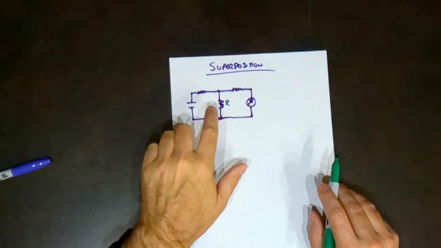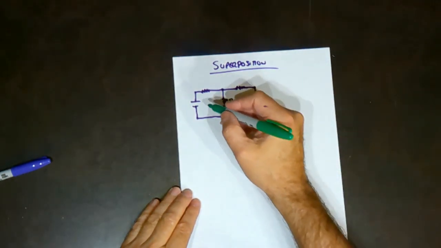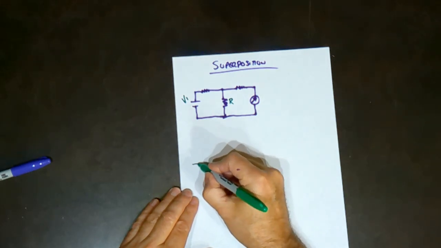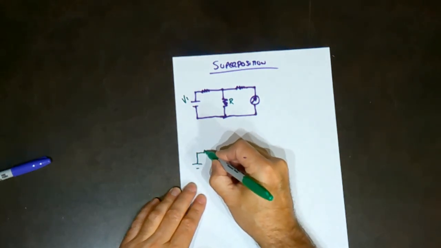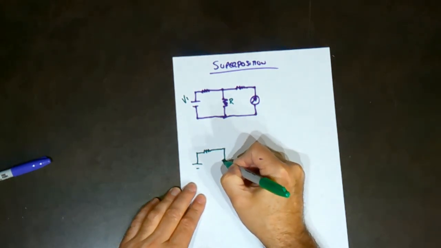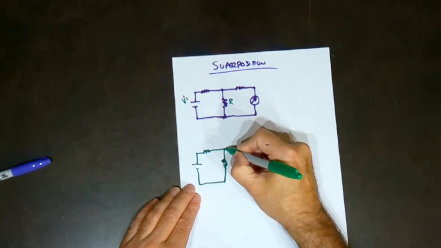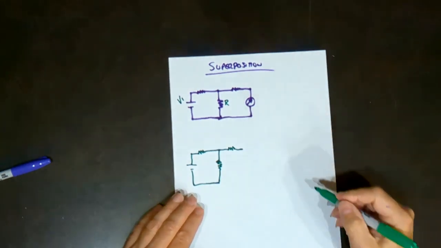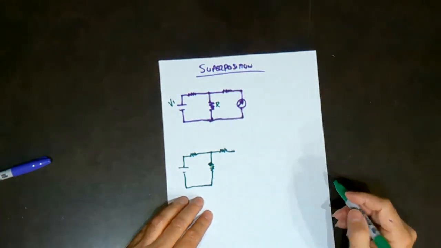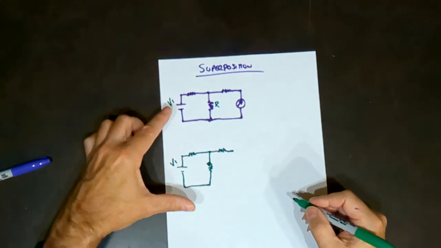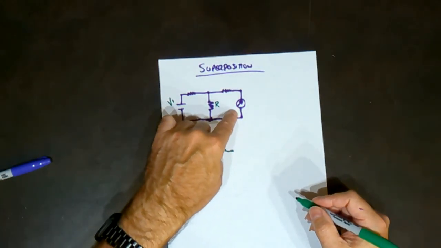So in this particular case, we're going to look at voltage 1 first, so we would create the circuit based on voltage 1. For superposition theory, we focus on one supply and then we have to get rid of the other one.